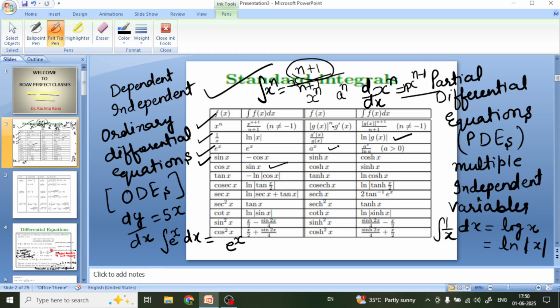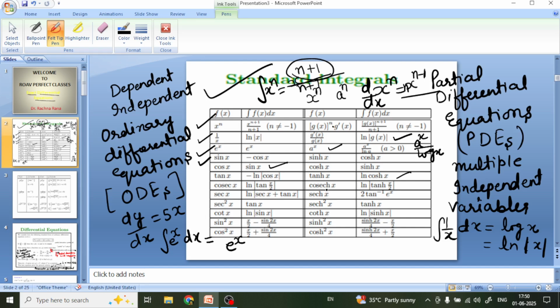Integration of a raised to power x is a raised to power x over log a; you can write ln or log. Integration of sin hx is cos hx. Integration of cos hx is sin hx. Integration of tan hx is log cos hx.